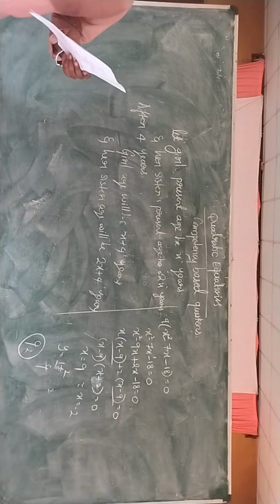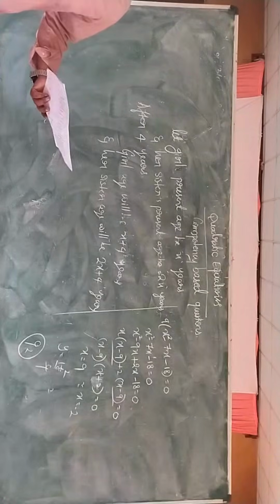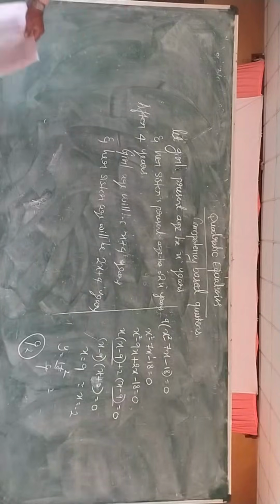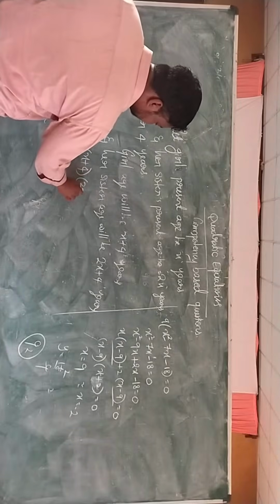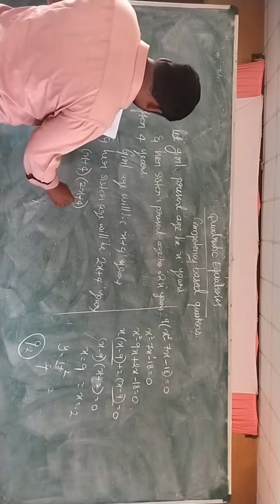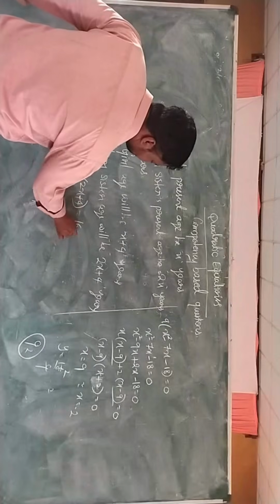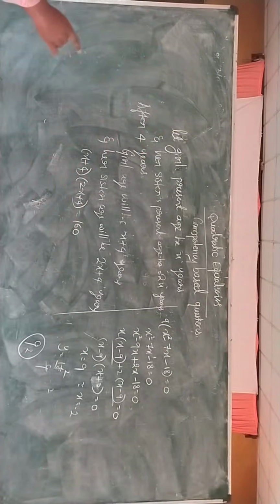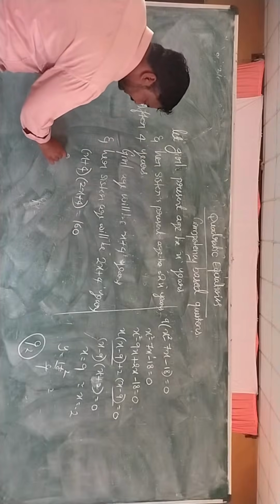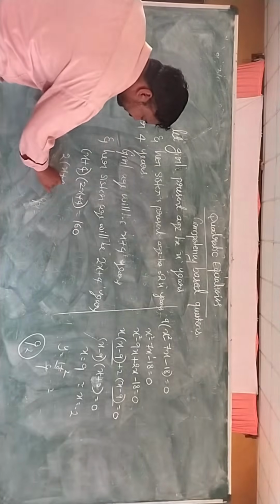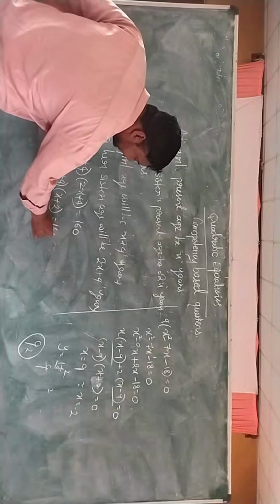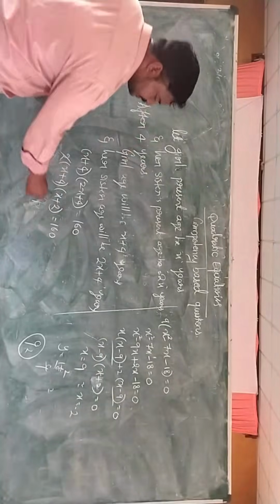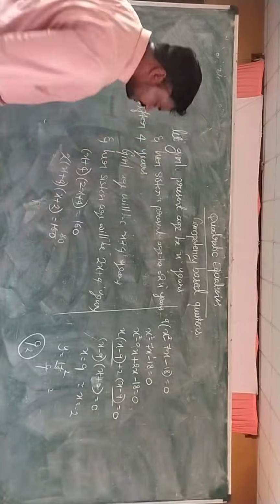And here the product of their ages after 4 years, x plus 4 into 2x plus 4, is equal to 160, they said. So 2 is common, take it outside: 2 into (x plus 4) into (x plus 2) is equal to 160. 2 ones are 2, 80 is 80.